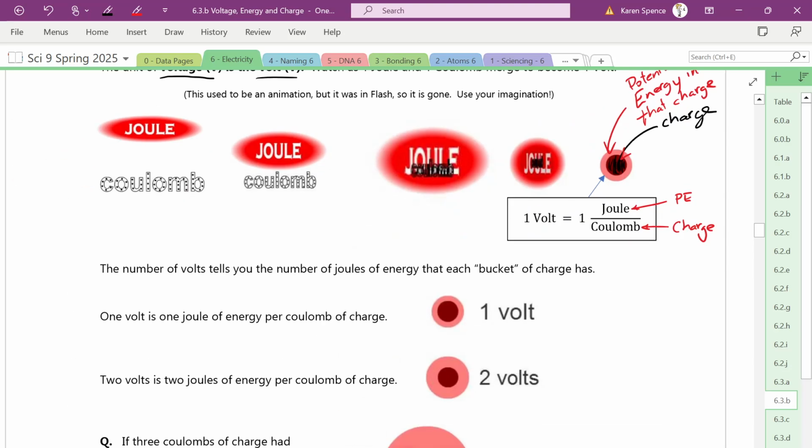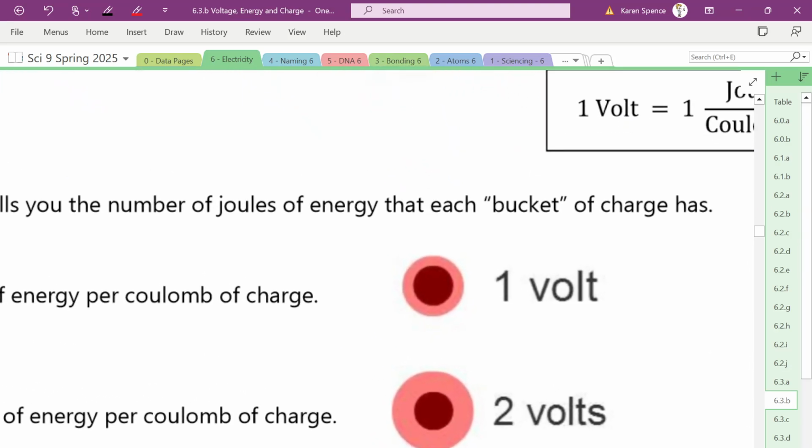Okay, so here you can see we have 1 coulomb of charge. There is our coulomb of charge in the center, that black part there. That's 1 coulomb, and it has attached to it 1 joule of energy. That gives us 1 volt. So that is 1 joule per 1 coulomb.